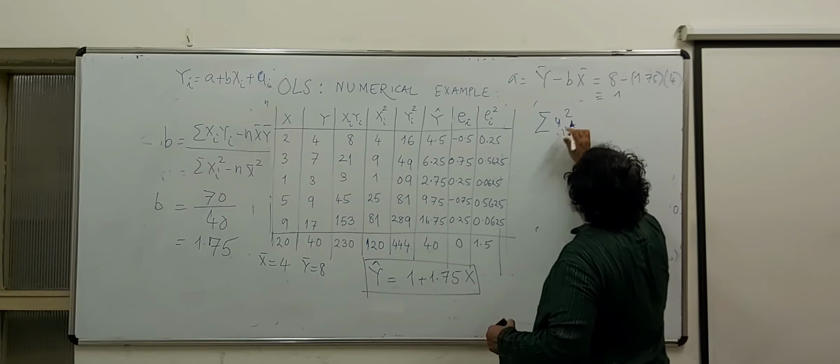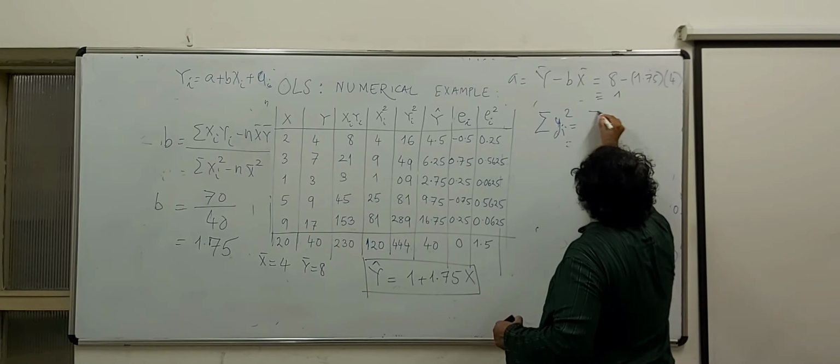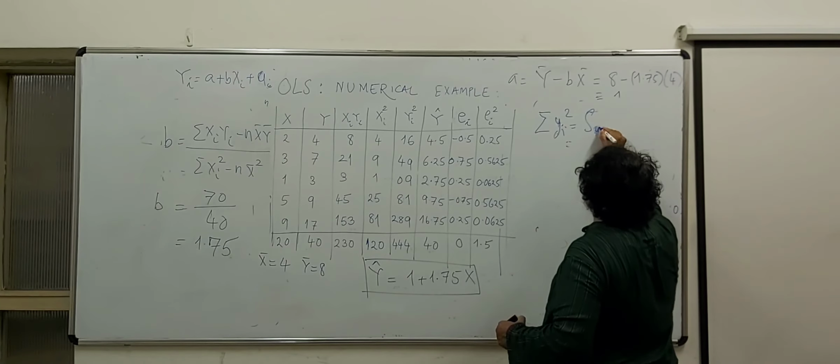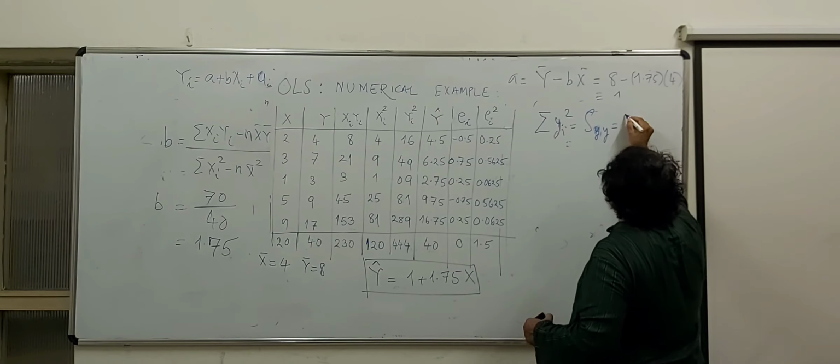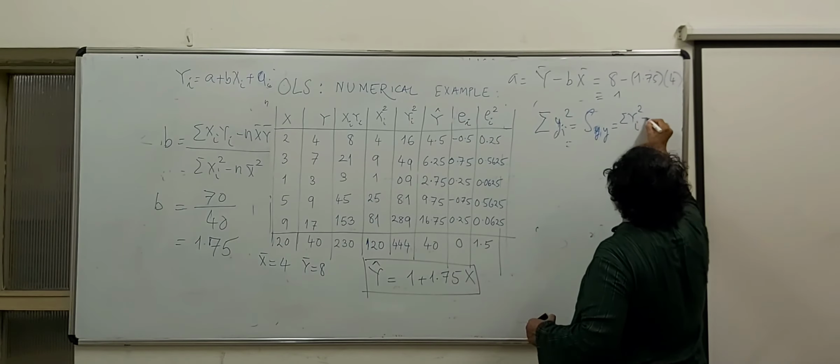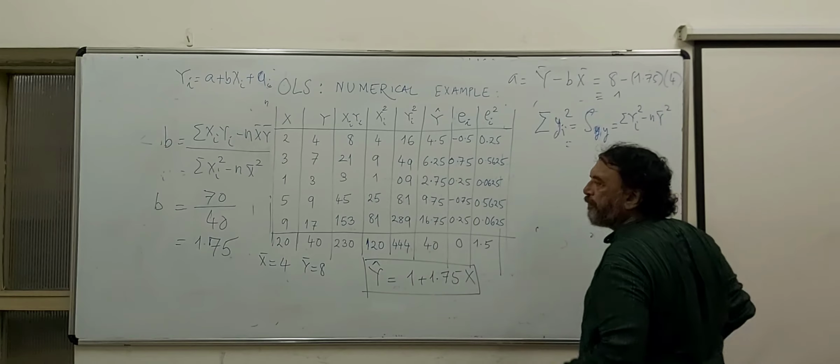Alternatively, in the notation of deviations of y, or we can also take this as summation y_i square minus 3 times y bar square.